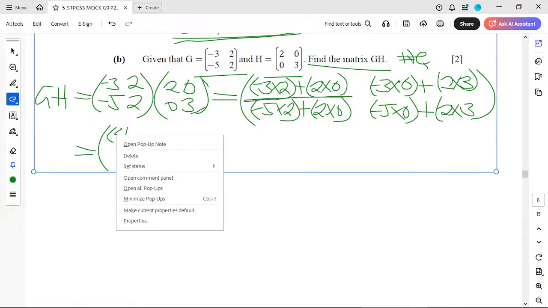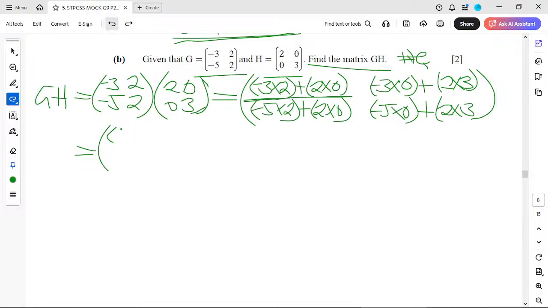Then 2 times 0 gives us 0, so plus 0, in bracket. Then open bracket: negative 3 times 0 gives us 0, plus 2 times 3 gives us 6, close bracket.